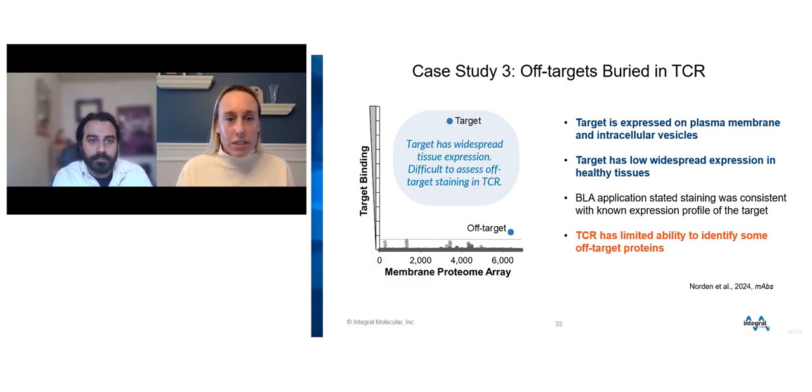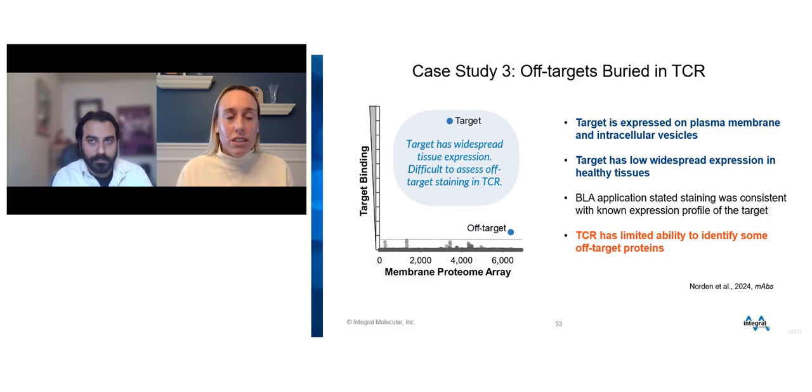Again, the MPA identified the target, but also identified an off-target for this molecule. The BLA application stated that the TCR staining was consistent with the known expression profile of the target. And this is another example where TCR has a limited ability to identify some off-target proteins.